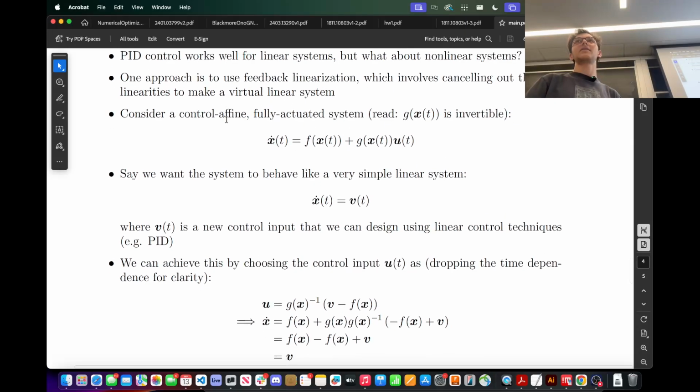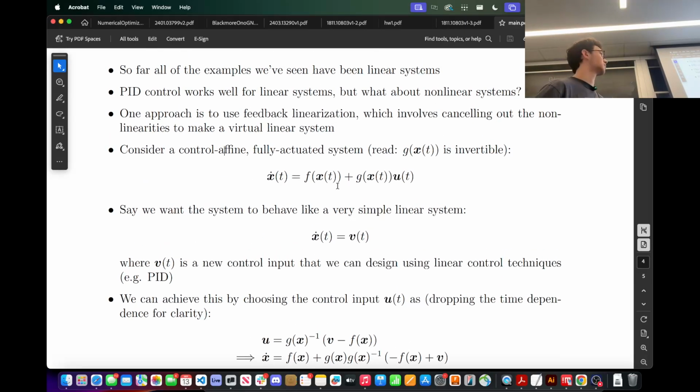So invert, do you know what it means to invert a matrix? No? Okay, so the inverse is basically an undoing of a function, essentially. The inverse of a scalar is 1 over the scalar. Imagine G is a scalar, just one-dimensional.